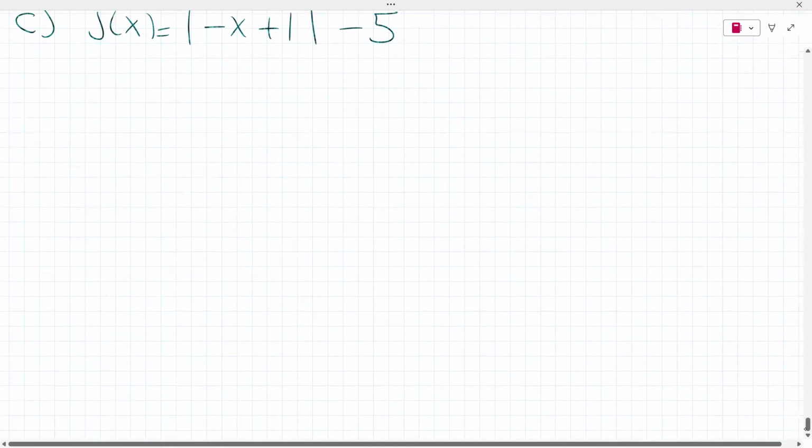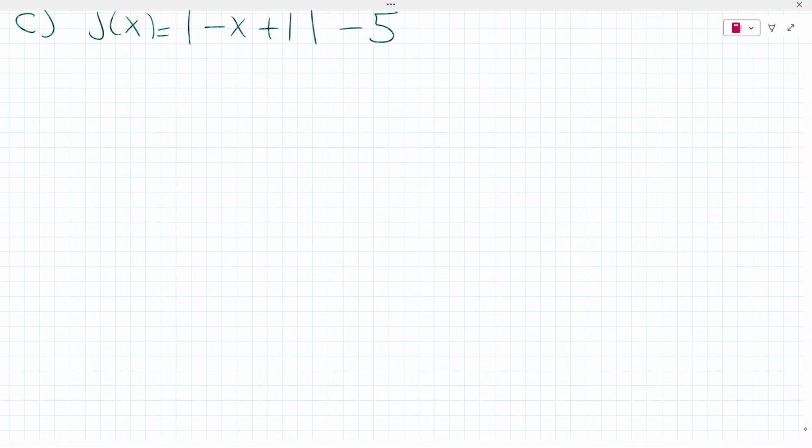C. C states you have j of x equals negative absolute value of negative x plus 1, minus 5.